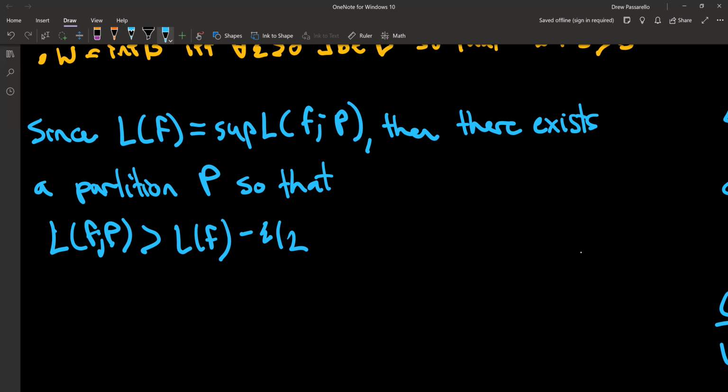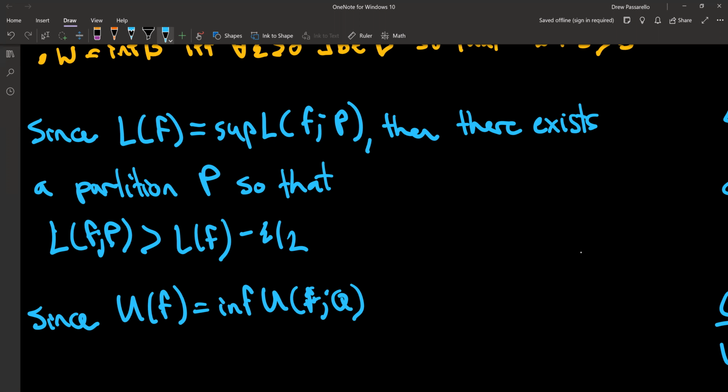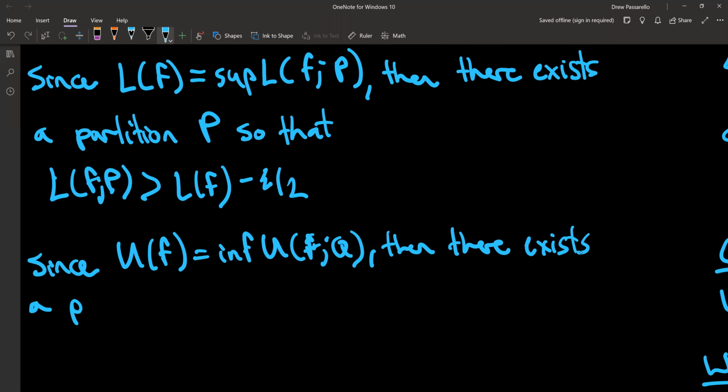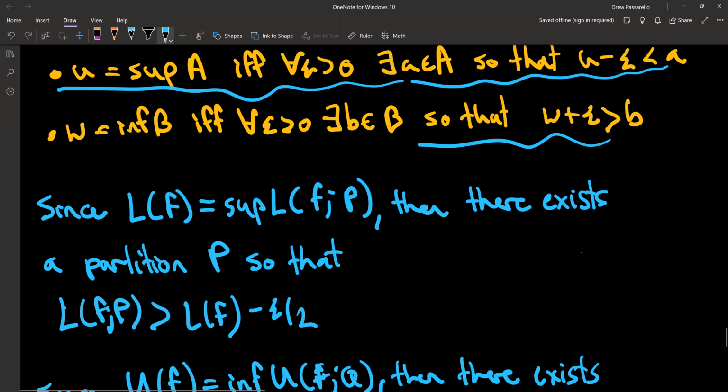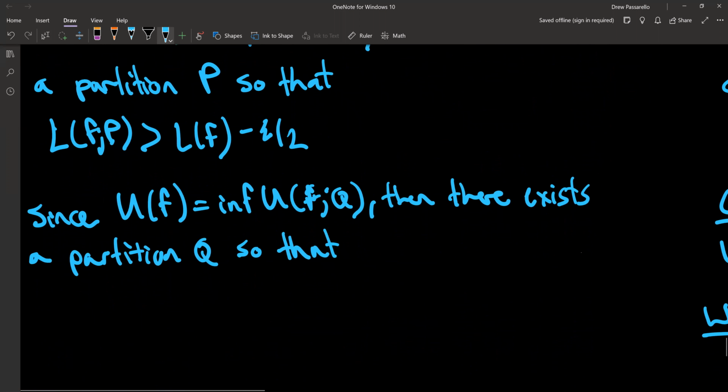And the same thing, similarly, since U of f is the inf of the upper sums, and I was using all partitions Q, then there exists a partition Q so that, now in this case we want to fit this definition, so that the upper sum with this partition Q is less than U of f.